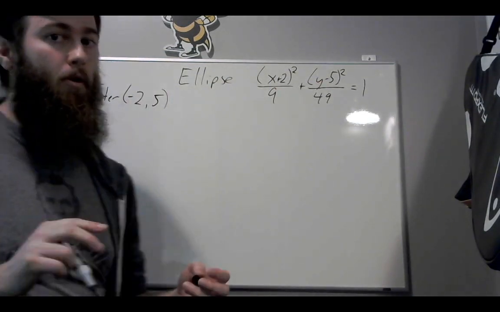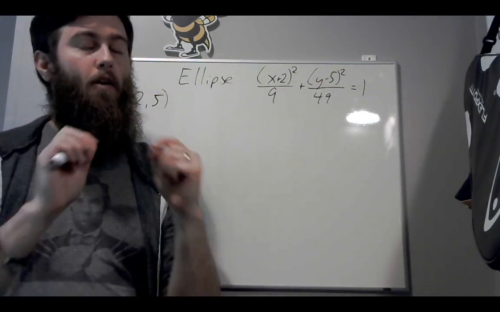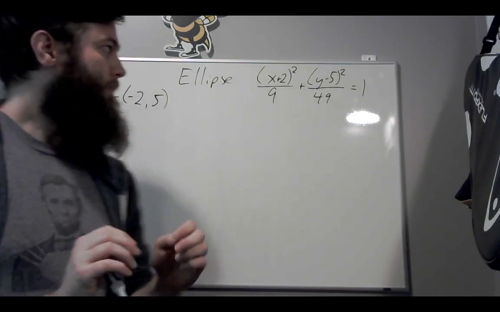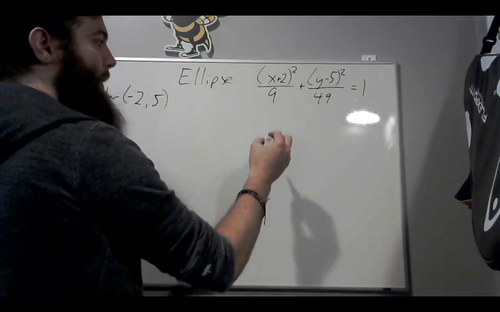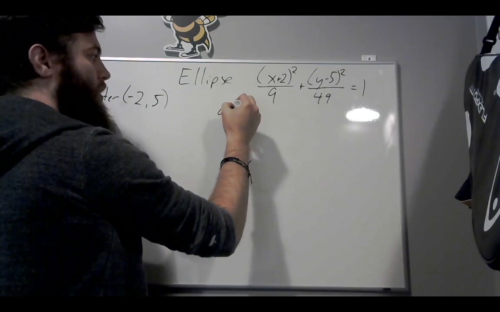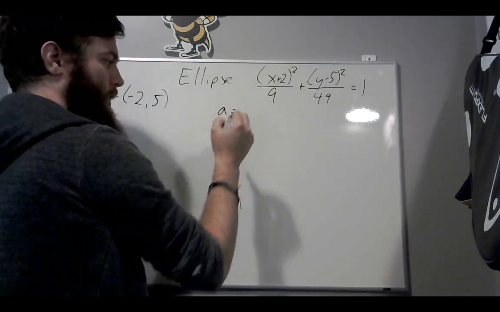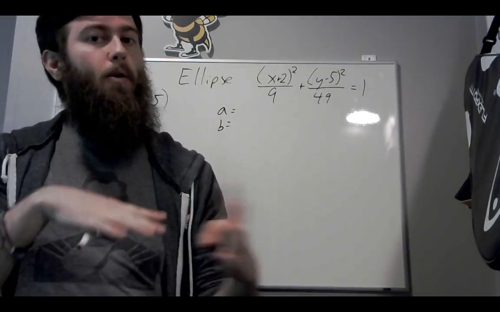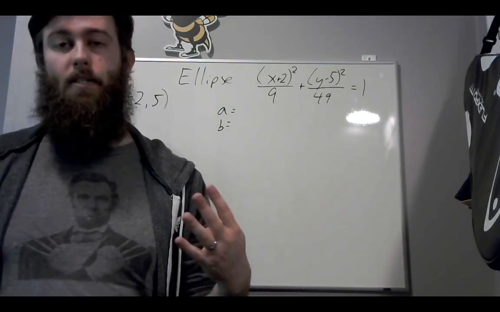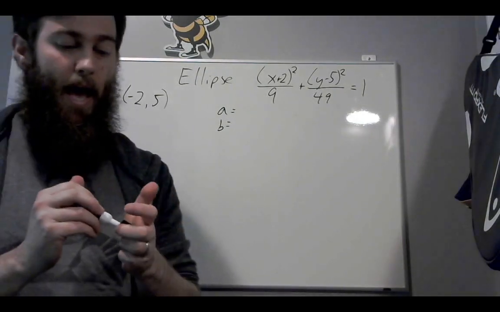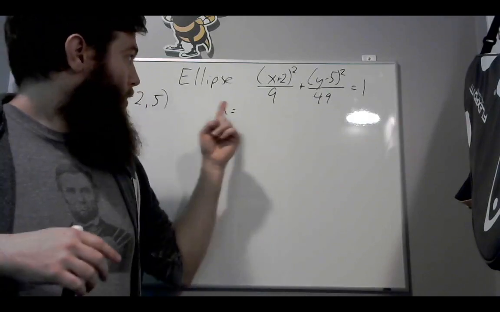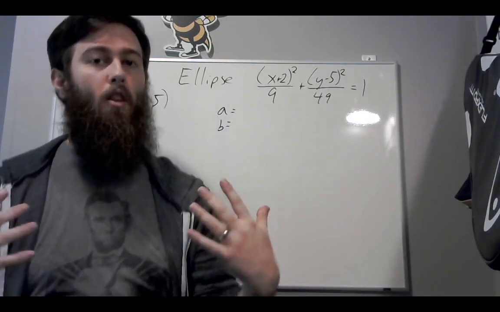So again, remember, the equation itself has a built-in negative. Two other pieces of information I need to be able to pull out are going to be whatever a and b are. So using a and b, we can then find all other pieces of information. So a is always going to be which of the two is going to be the larger.